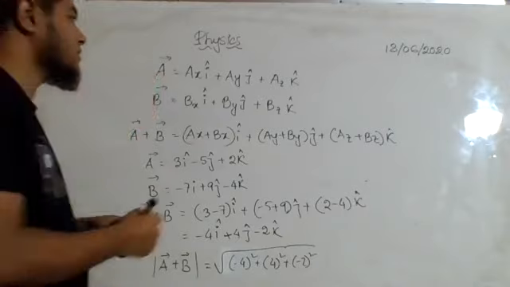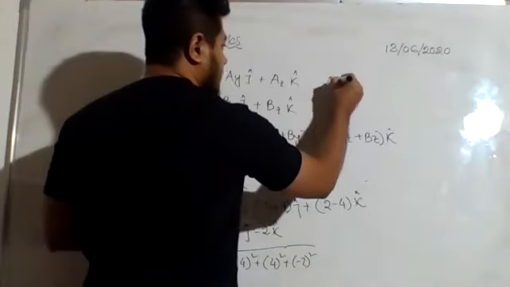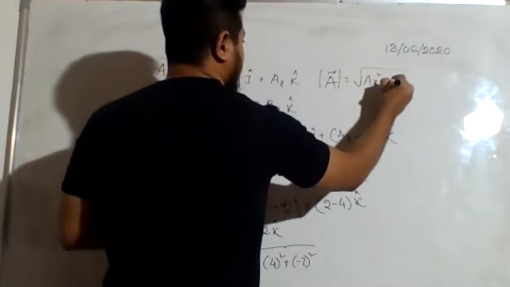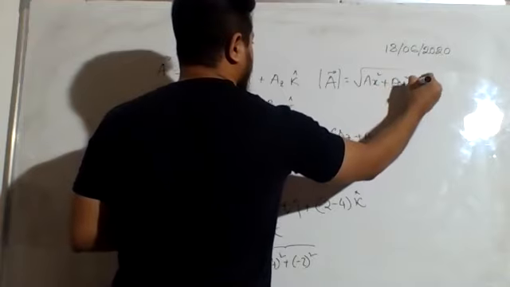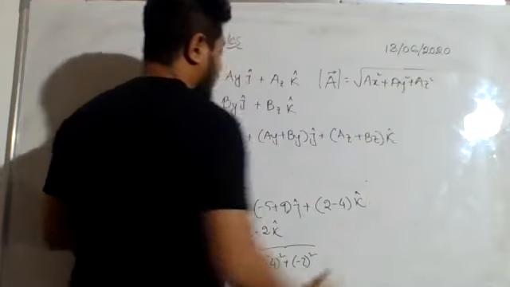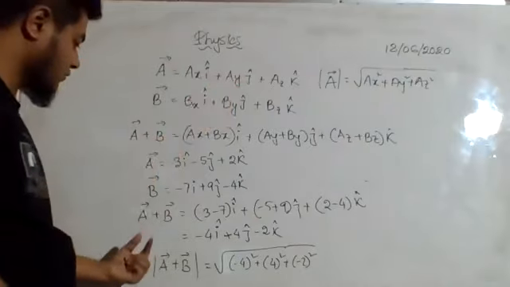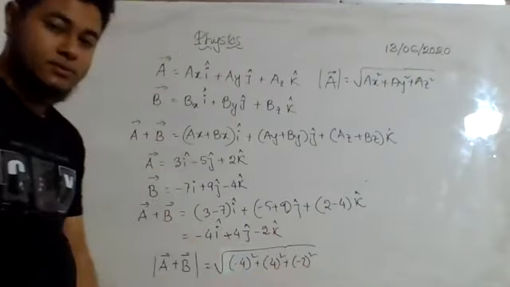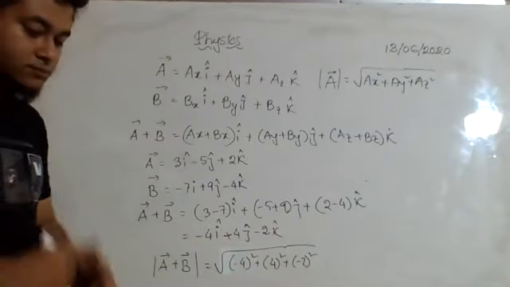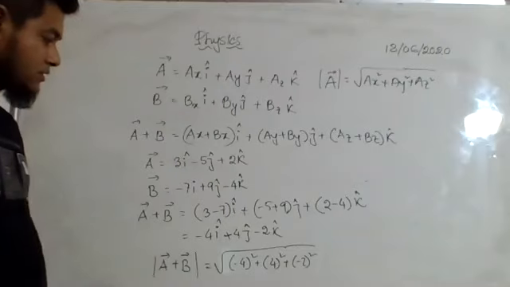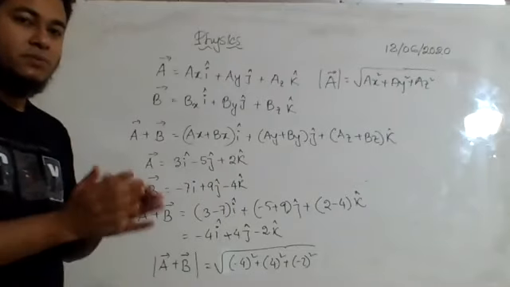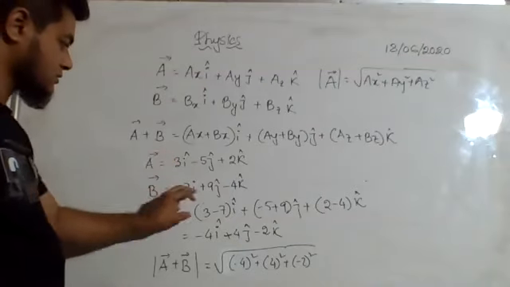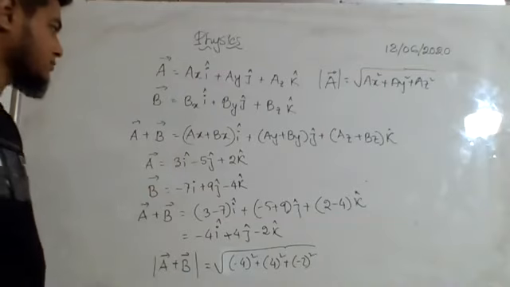If this is the vector, then the way to find out the magnitude of this A vector is root over ax square plus ay square plus az square. So similarly, if I want to find out the magnitude of this, ax square, ay square, az square. Okay. Anybody has any doubt? These are very easy things, I feel. Simply adding along the same axis, you add them up, and then you do the calculation.